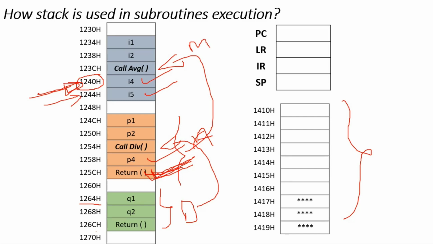So subroutines get executed in nested order one by one, and in the same reverse order we go back to every subroutine and execute it. That's how stack order helps, last in, first out. That's how the stack works in subroutine execution. Okay.